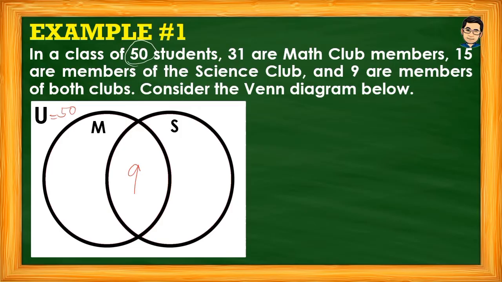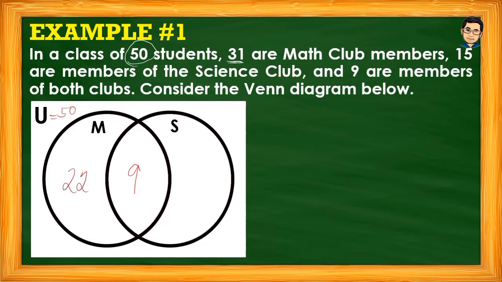Now, paano natin kukunin yung bilang na kung saan Math Club members lang yung mga estudyante? Kung 31 po yung ating students na kasali sa math club, isusubtract lang po natin yung 9 dun sa 31. So, 31 minus 9 is 22.